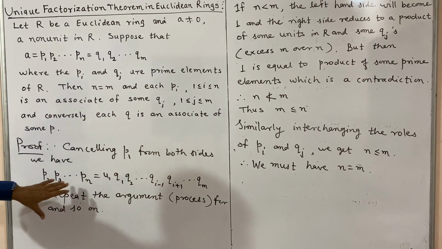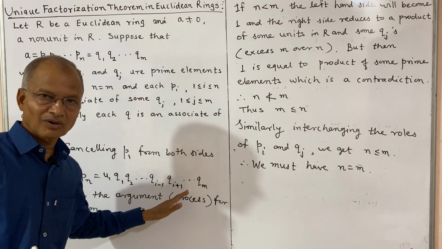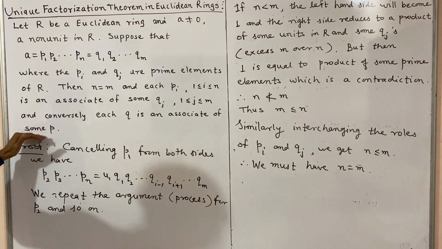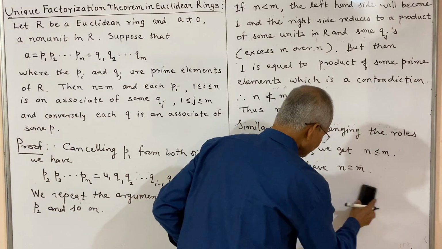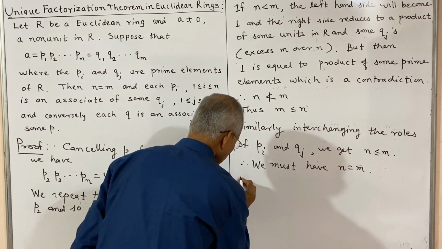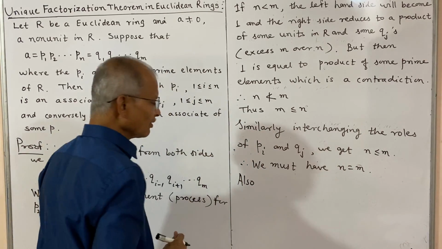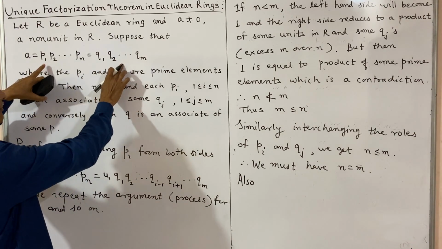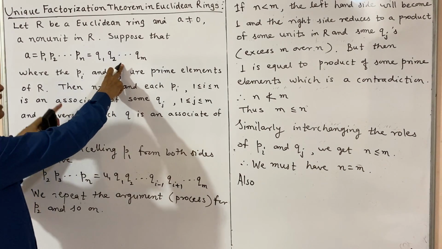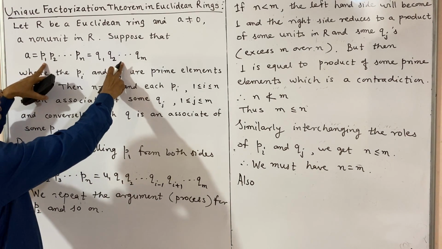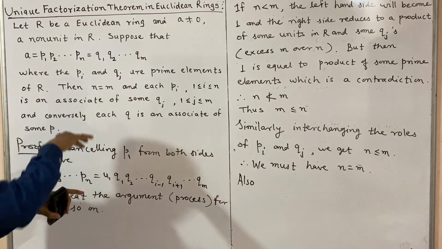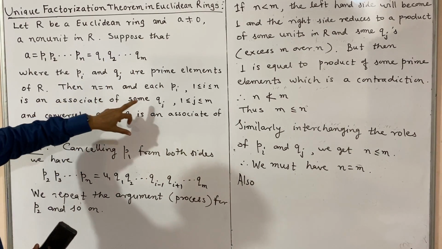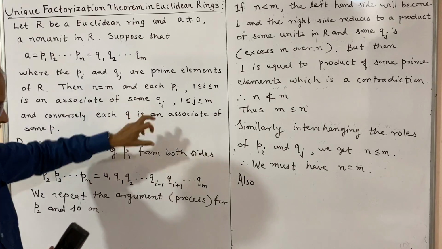Earlier we have said P1 is an associate of some Qj, and conversely Q is an associate of some P. We started our proof with the same thing, that P1 divides some Qj, and therefore P1 is an associate of Qj, and so on. So Pi is an associate of some Qj.